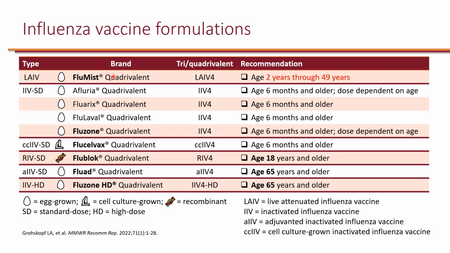So for that reason, it is only recommended for persons aged 2 years through 49, because anybody under the age of 2 or age 50 and older is at risk of complications from influenza infection. So therefore, for those people, we want the better, more effective vaccines, which are pretty much everything else in this table.